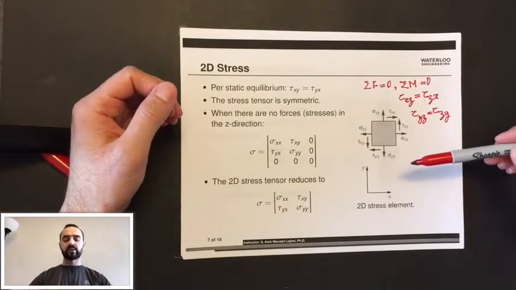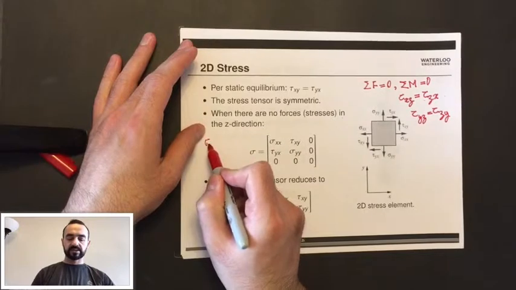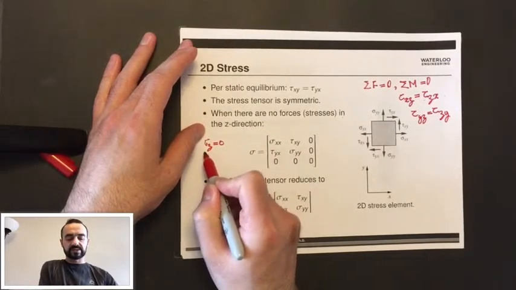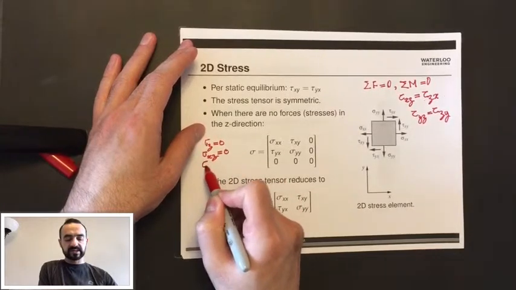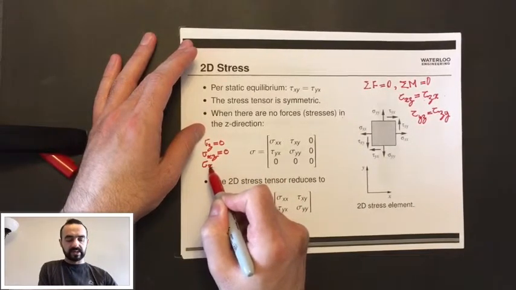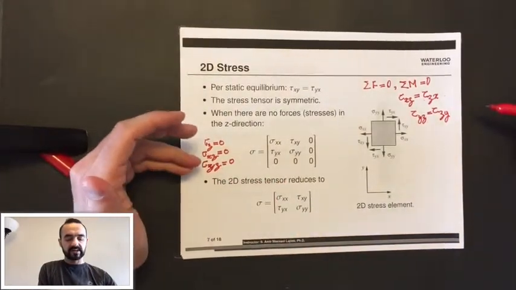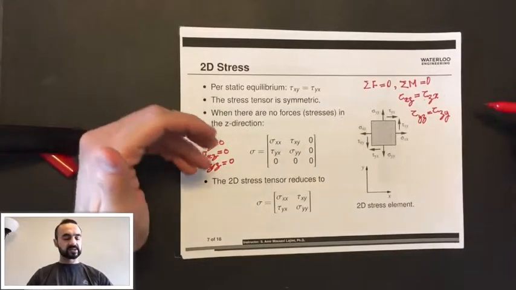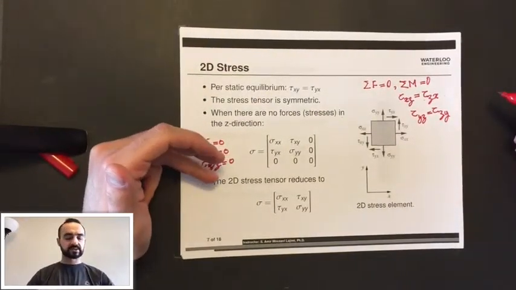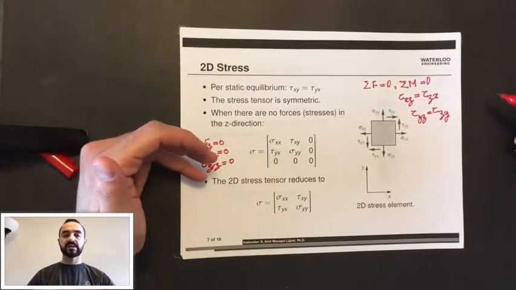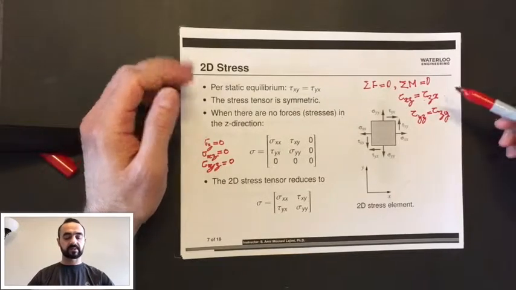Now, if there are no forces in the z direction, meaning that sigma zz equals 0 and tau xz equals 0 and tau yz equals 0, and as a result of the symmetric structure of the tensor, tau zx is also equal to 0 and tau zy is also equal to 0.